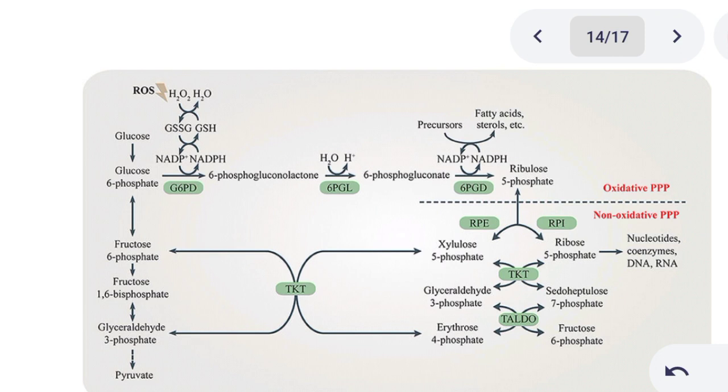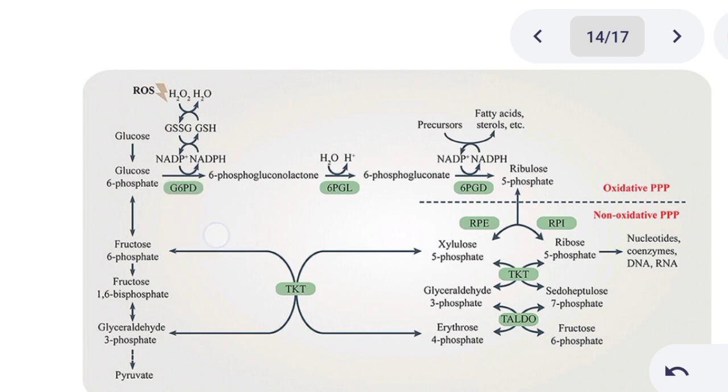So G6PD is important in production of NADPH. Even here we have got 6-PGD, which is 6-phosphogluconate dehydrogenase. It produces NADPH. There, G6PD produces NADPH. Now, imagine what can happen if someone doesn't have G6PD.